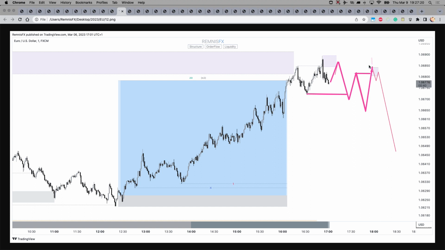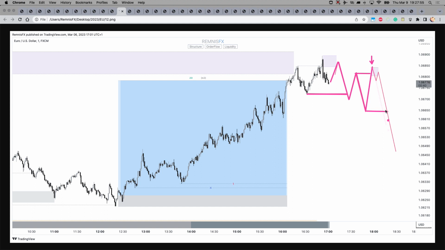But a mitigation of a POI is not always necessary. As long as you get your entry criteria candle-wise from this point, you can definitely make an entry here. And then basically the same principle, what happens here on a larger scale, you can do also here. So before price breaks this low, instead of doing that, it has to come back, and basically the same thing here.